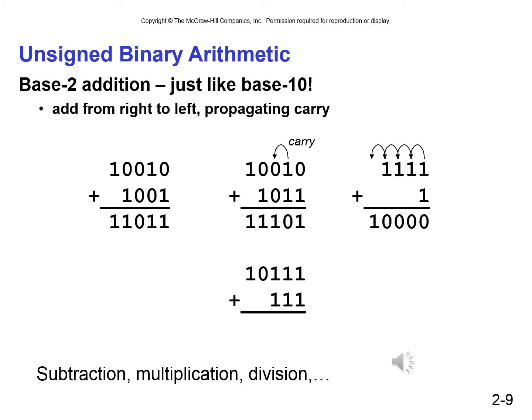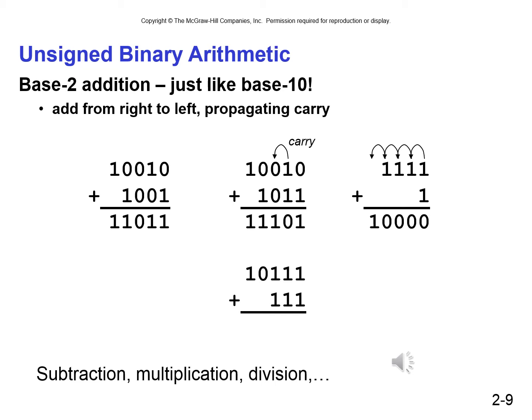Because 1 1 1 1 was the largest value we could represent with a 4-bit number, if we add anything to it, anything other than 0, obviously, we're going to need at least a 5-bit, 5-digit number to represent the result. So that is 15 base 10 plus 1 base 10 gets us to 16.